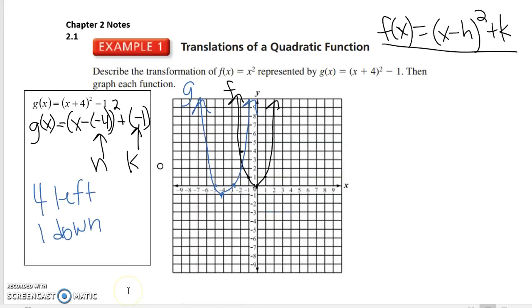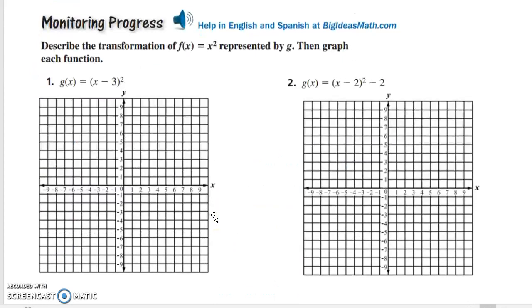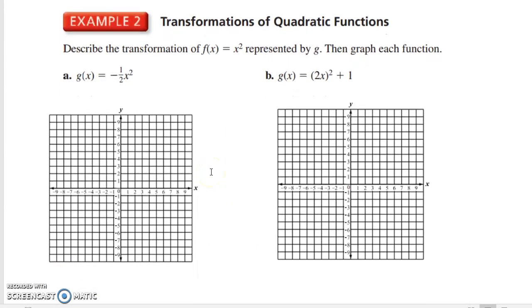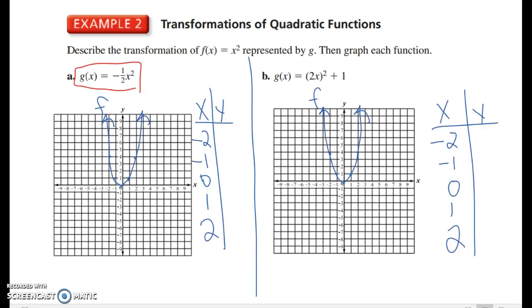So back at your notes, take a look at example 2. Next, we want to graph these functions and describe their transformation. I'm going to fill in the table for g of x and graph the function.